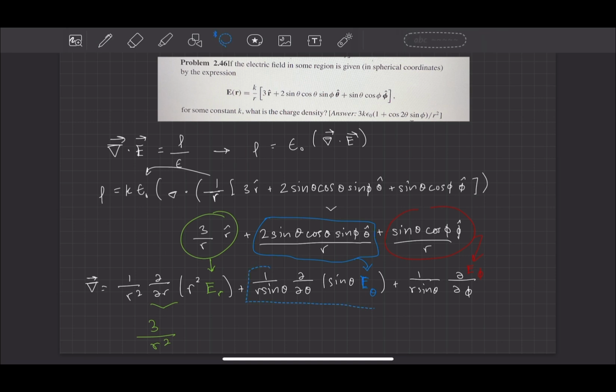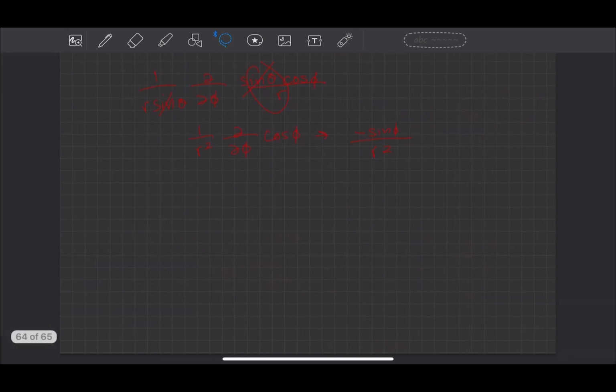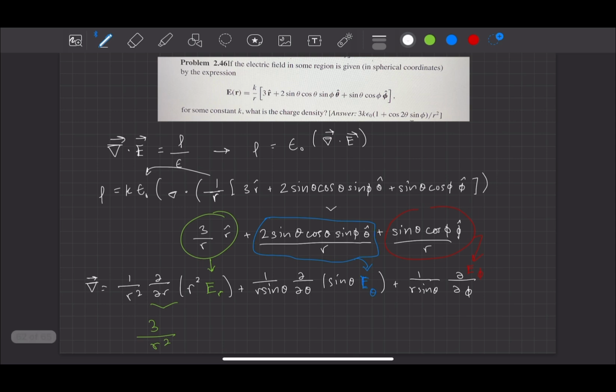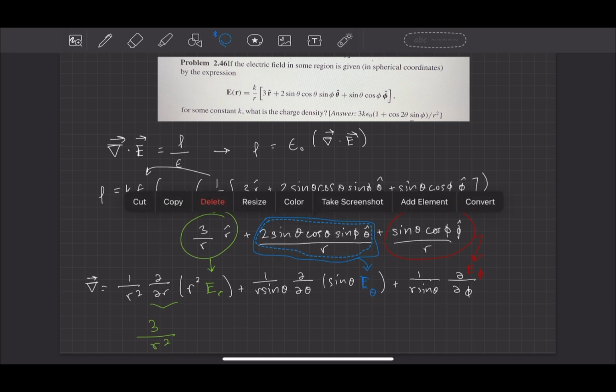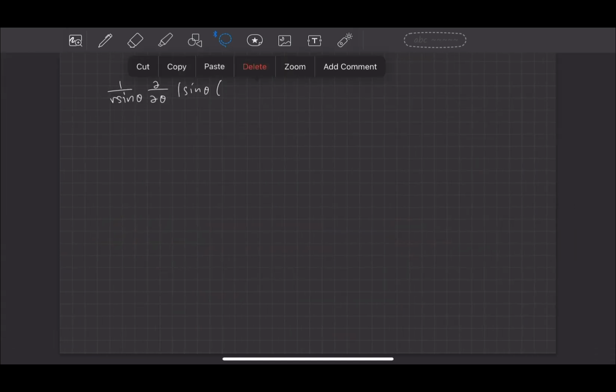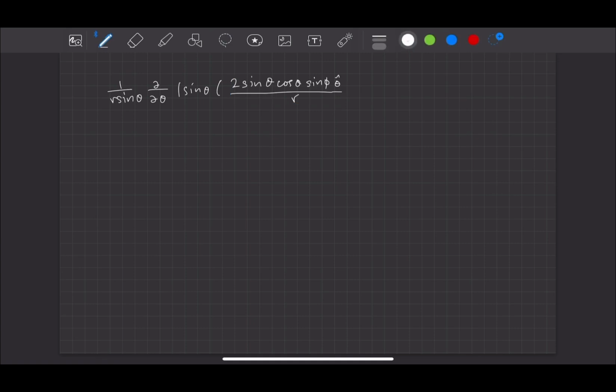And we're going to move on to the E sub theta part. So this part's a little longer. I'm just going to paste it and replace E sub theta with the actual E theta component. There you go.